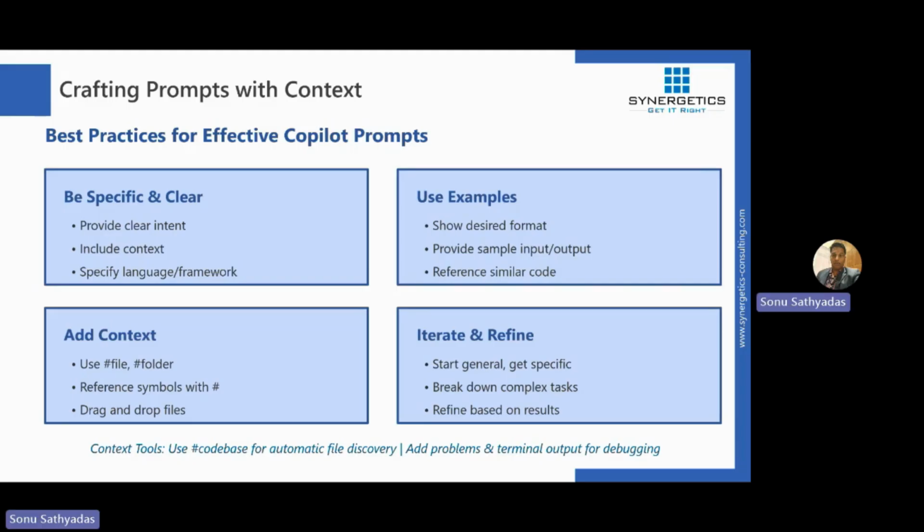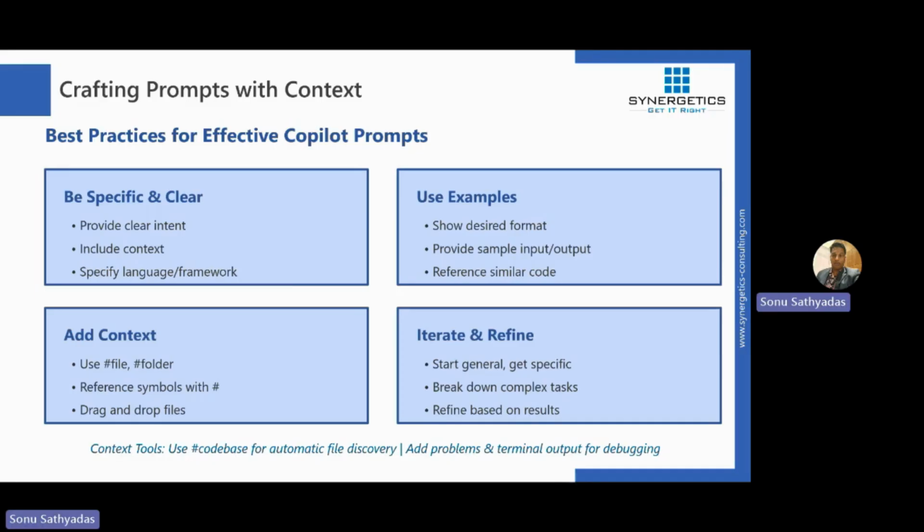When you write the prompt, it should be very clear and specific. It should include the required information for completing the task. That is called the context. And you also need to specify what kind of application you want, which language to use, which version of the framework to be used. All this needs to be written properly.